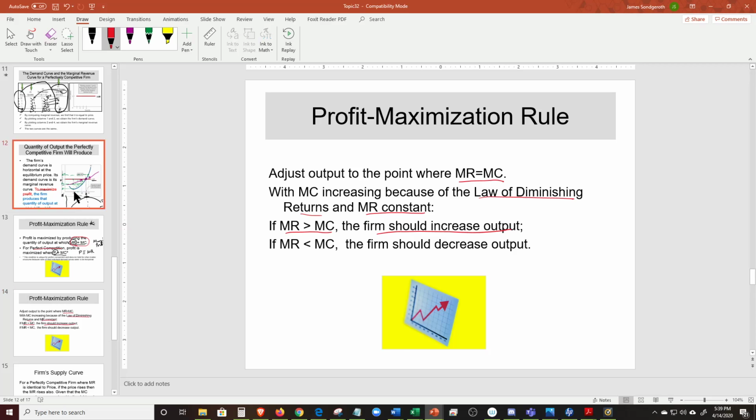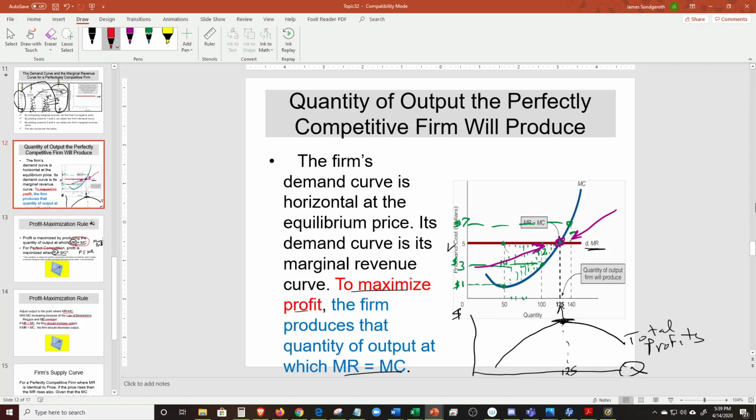So in this region from, let's say, 0 to 125, marginal revenue is greater than marginal cost, so increase output. And for all points above, it should decrease production.